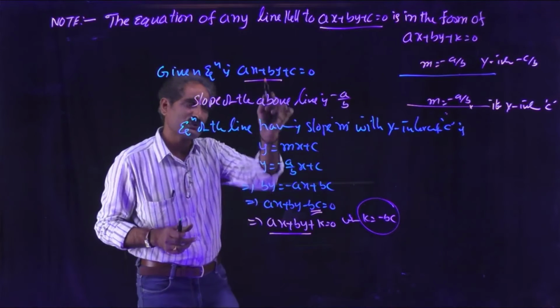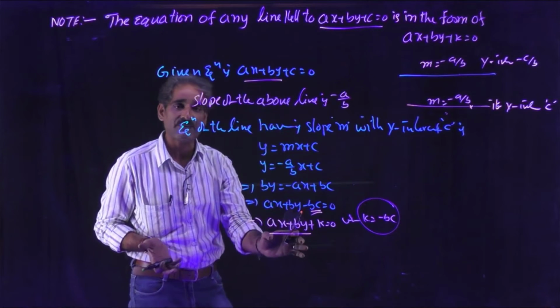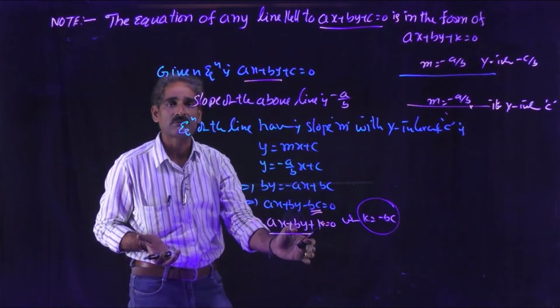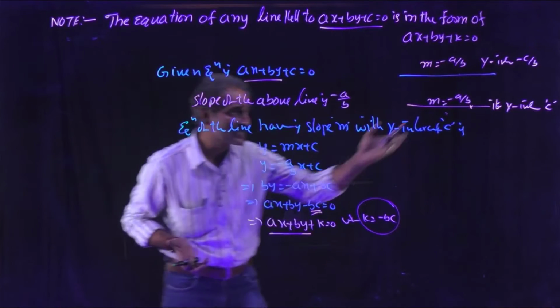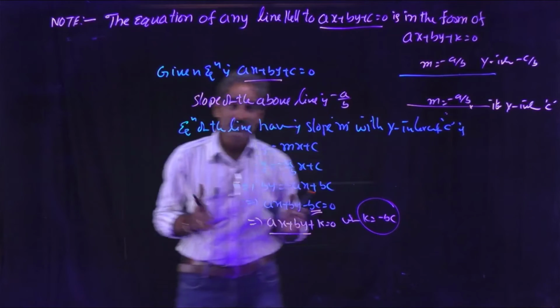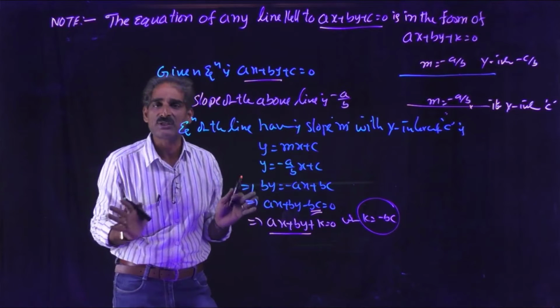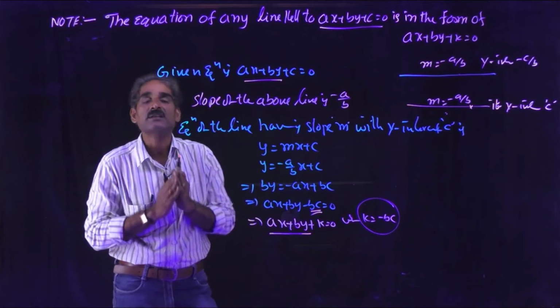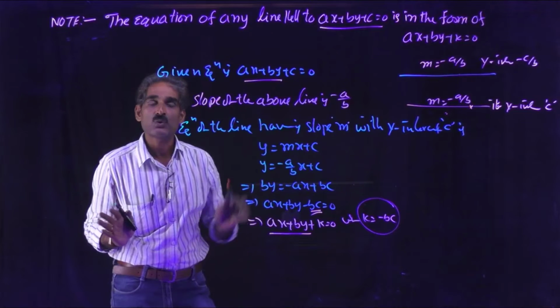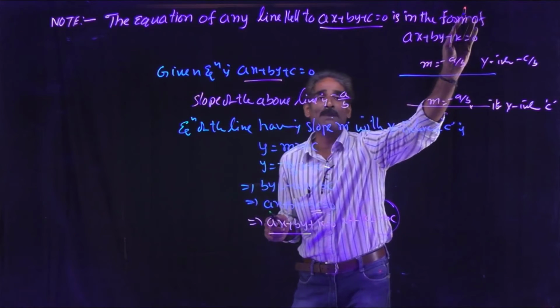Now observe these two equations. Here the x and y coefficients are the same, they just differ by a constant. This equation represents this line, and it is parallel to this line. What is your observation? If two lines are parallel, they only differ by a constant, and the coefficients of x and y are the same. So any line parallel to this is in the form of ax plus by plus some constant.